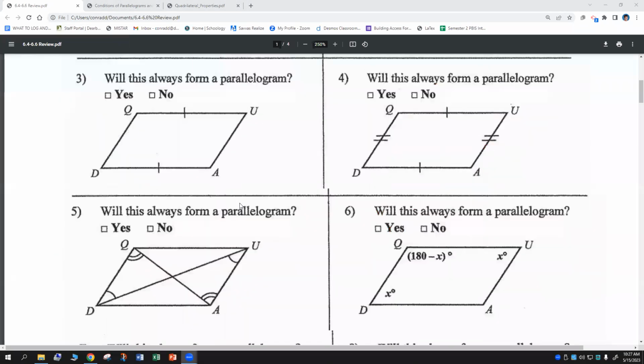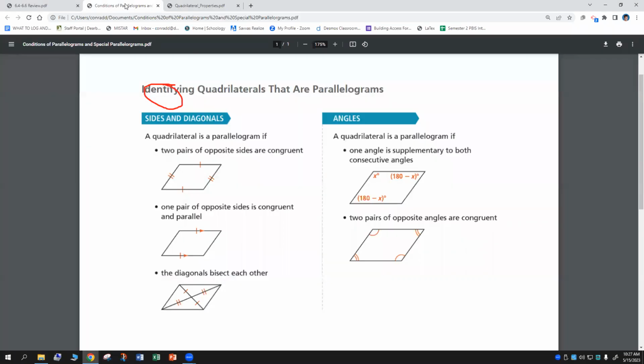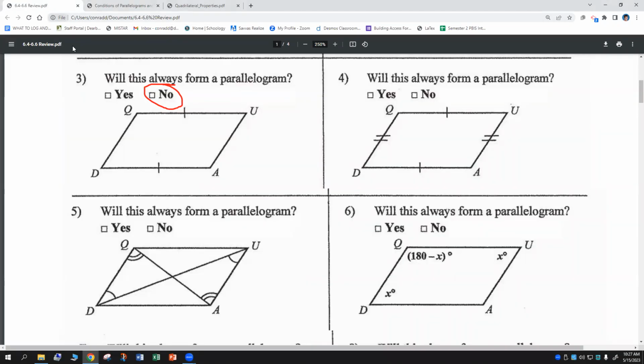All right, 3 through 6 here. Will this always be a parallelogram? We're going to say no. We need to have 2 pairs of opposite sides that are congruent. So I'm going to add in the other pair: DQ is congruent to AU.